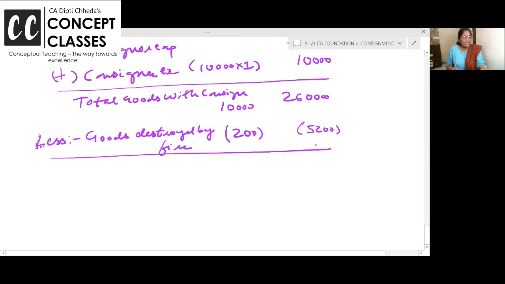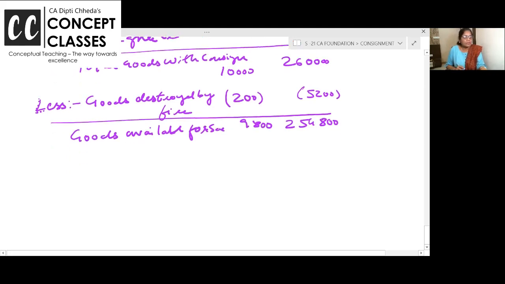Now how much goods are ready for sale? Goods available for sale: 9,800 units, 2,50,000 for 800 cost. Now, out of this 7,300 units are sold.